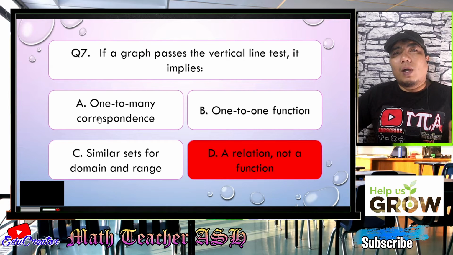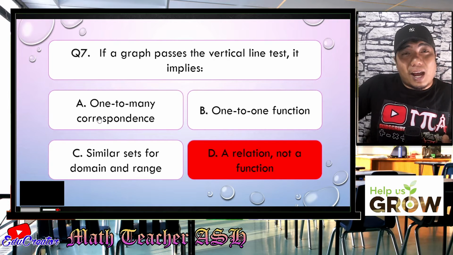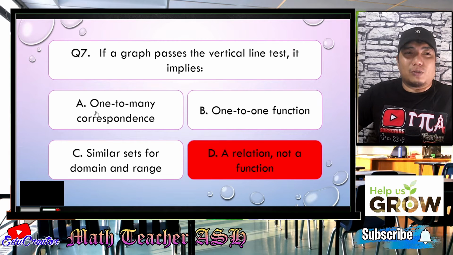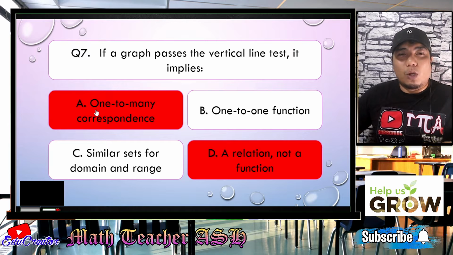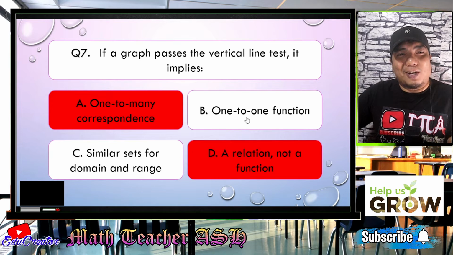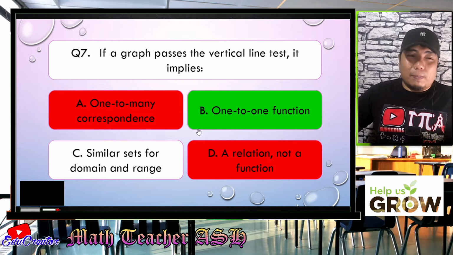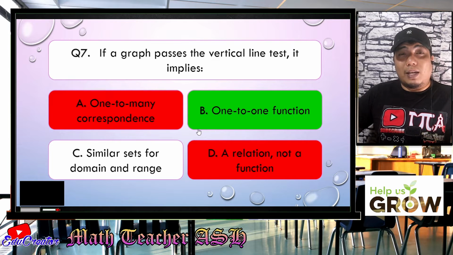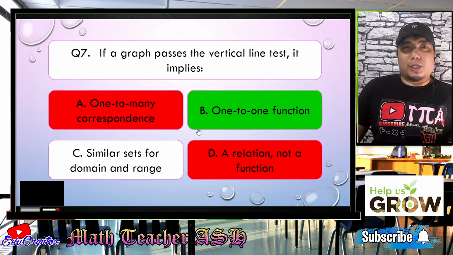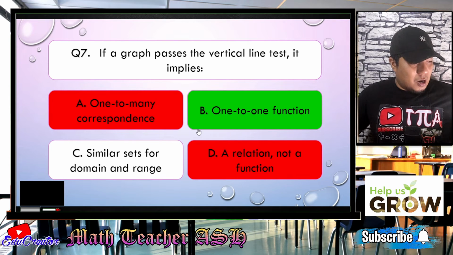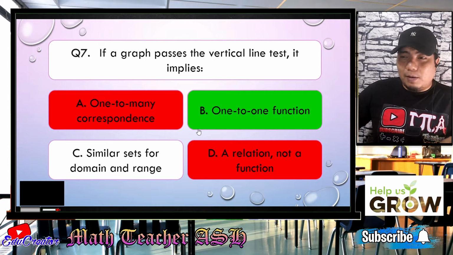One-to-many correspondence is basically a relation and not a function. So, letter A is also wrong. The correct answer here is one-to-one function, so letter B. Now, how about letter C? Similar sets for domain and range. If you have similar sets for domain, then it also pertains to not a function. Alright. So I hope that is clear, my dear math learners.